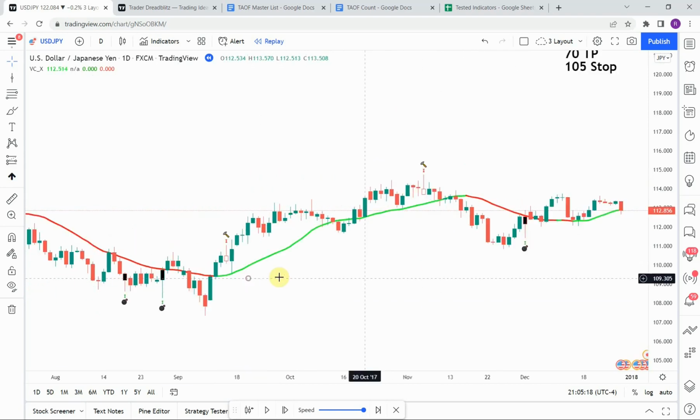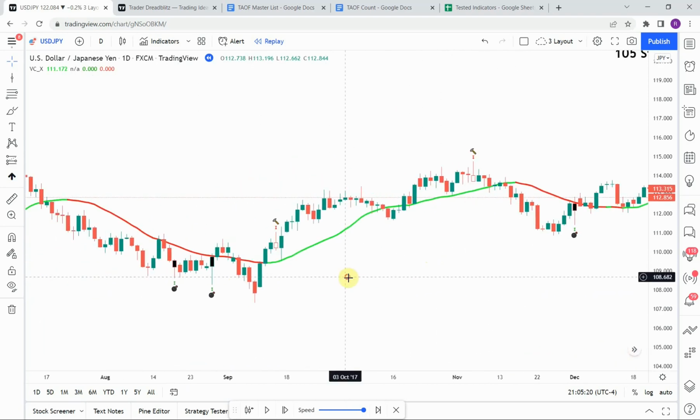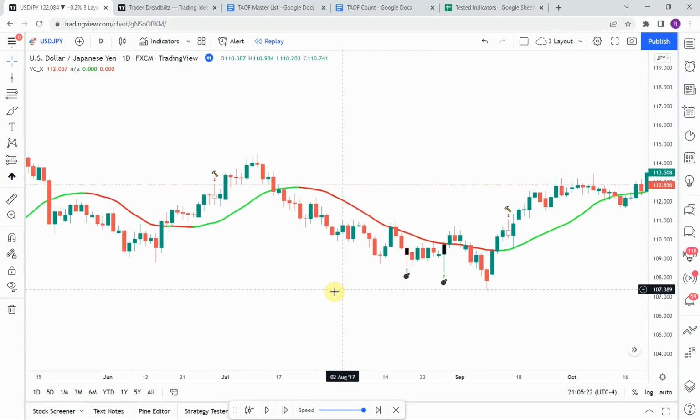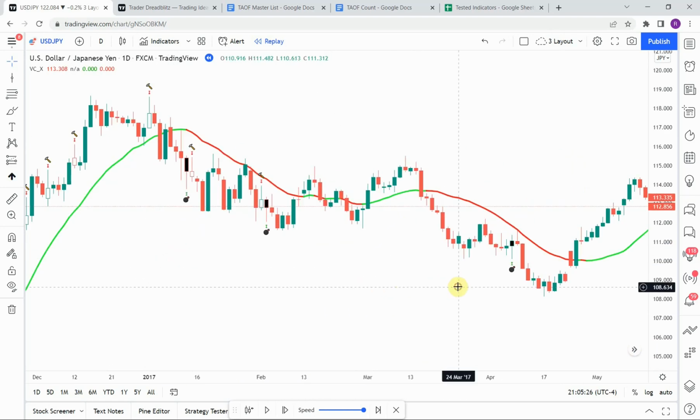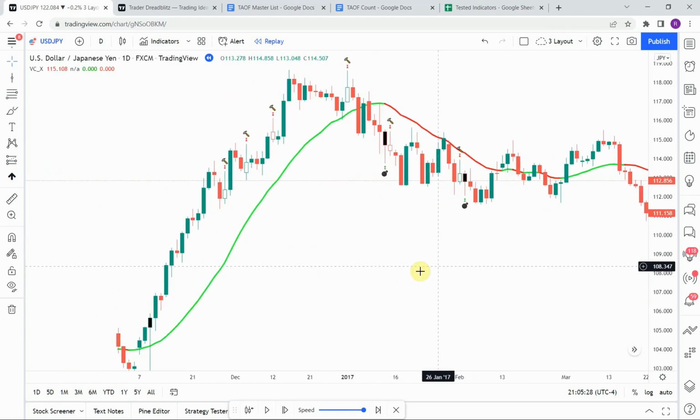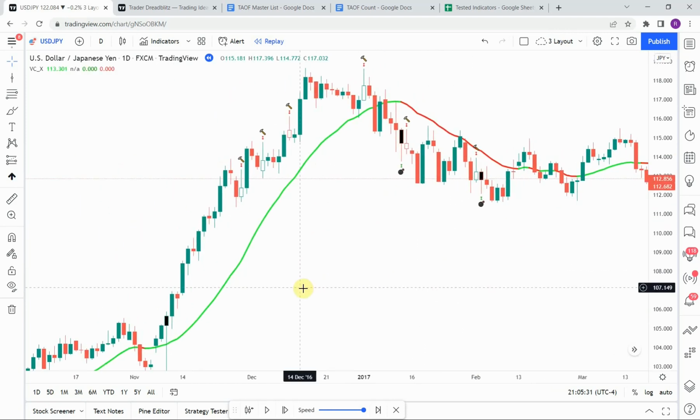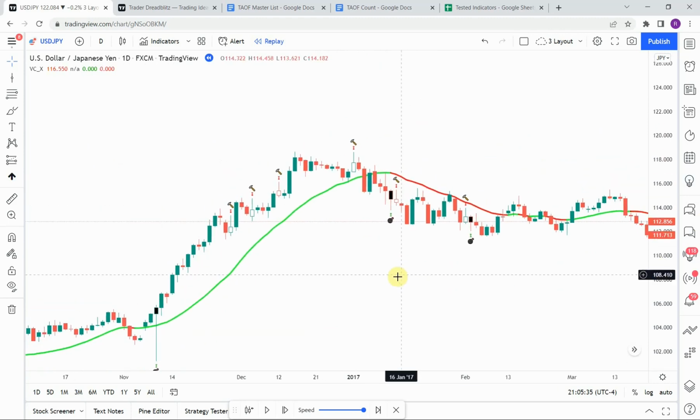What we are looking for is candles confirming the direction that the oscillating line already has us going in.